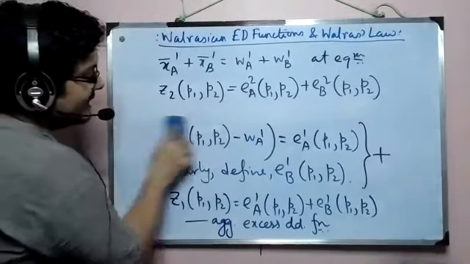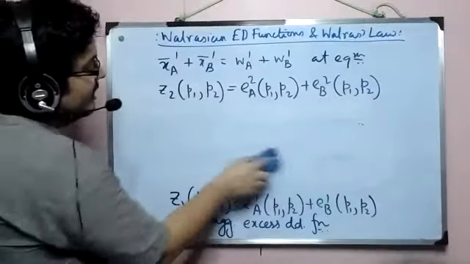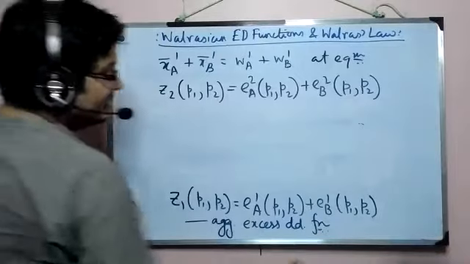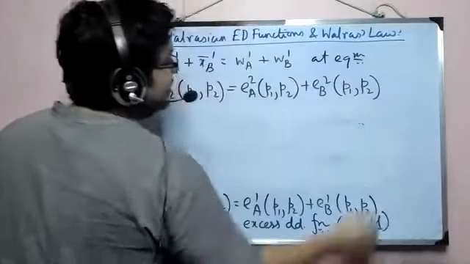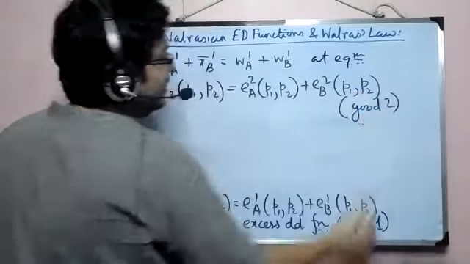These two equations that we have got are summed over goods, right? So these are aggregate excess demand. This is summed over good 1, and this is summed over good 2.